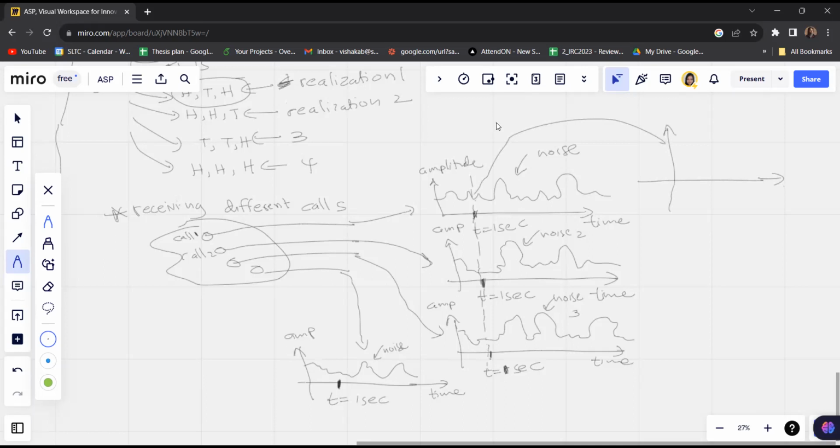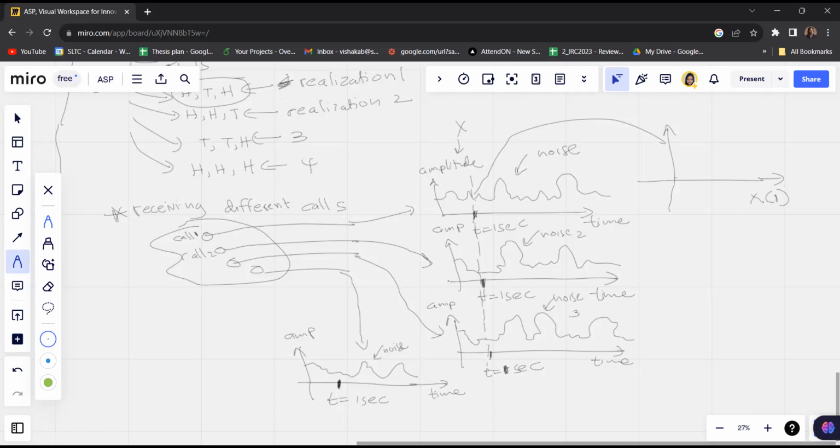I will denote the amplitude as x, and the amplitude at time t1 as x1. By considering the values of the amplitudes that I receive for each of these waveforms, I can find the probability density function of this x1.